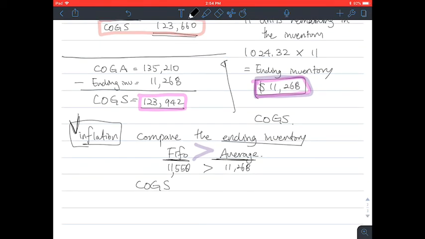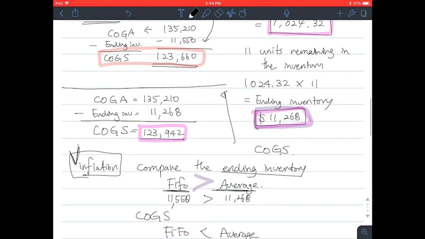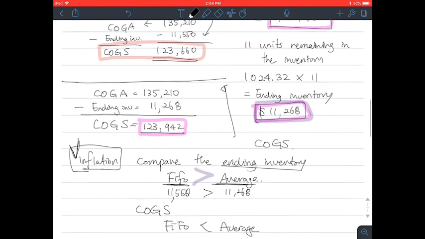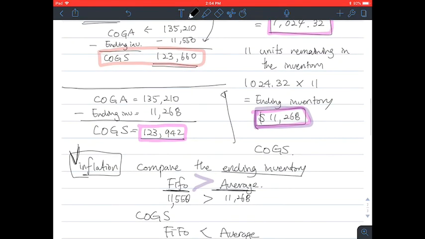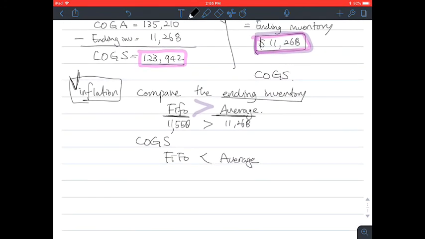And what about cost of goods sold? Since the ending inventory is higher for FIFO, the cost of goods sold will be smaller for FIFO and bigger for average. Okay, let's compare the cost of goods sold then. COGS for FIFO is $123,660.